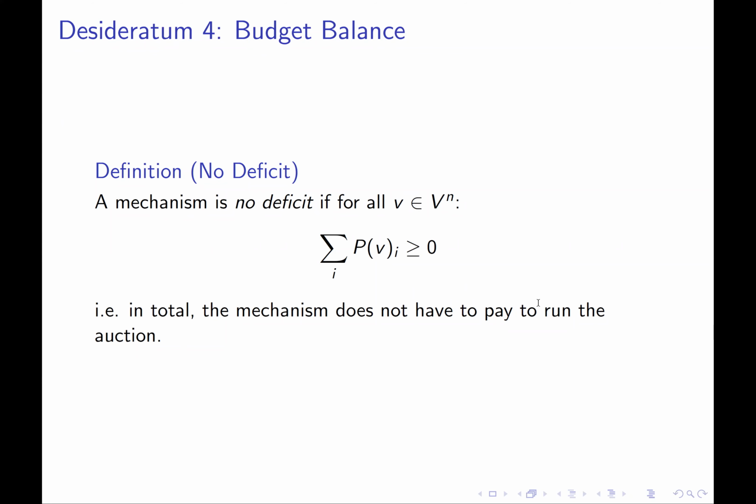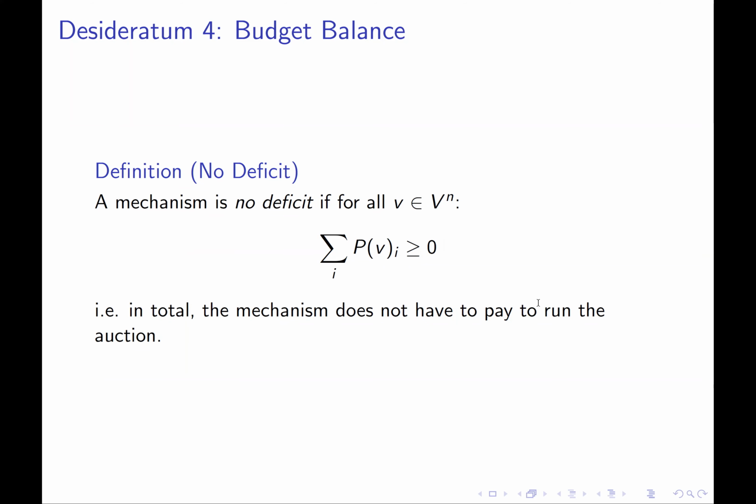And so we might also ask that our mechanism is no deficit, right? Later in the class, we'll actually think about what if we actually want to make a profit? But for now, let's at least ask that our mechanism is no deficit, which just means that no matter what the reported valuation functions are, the sum of the payments across all of the agents should be non-negative.